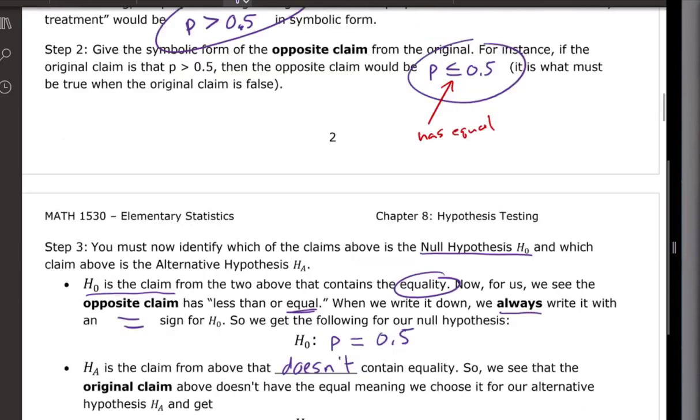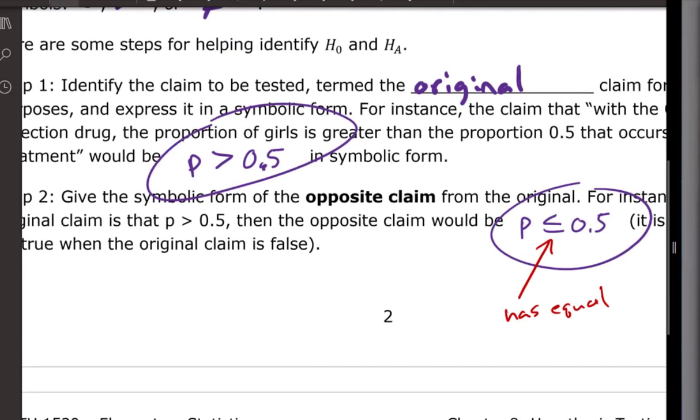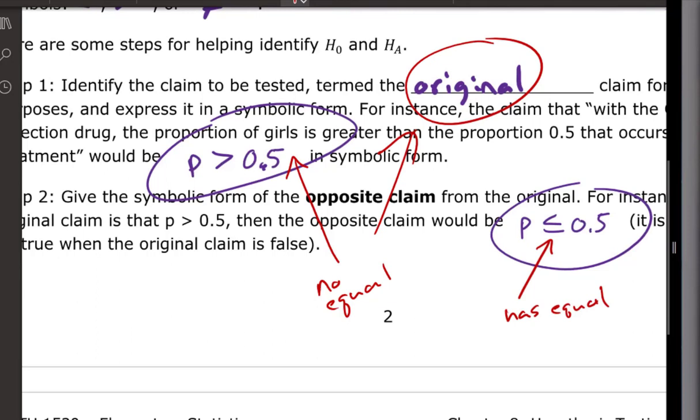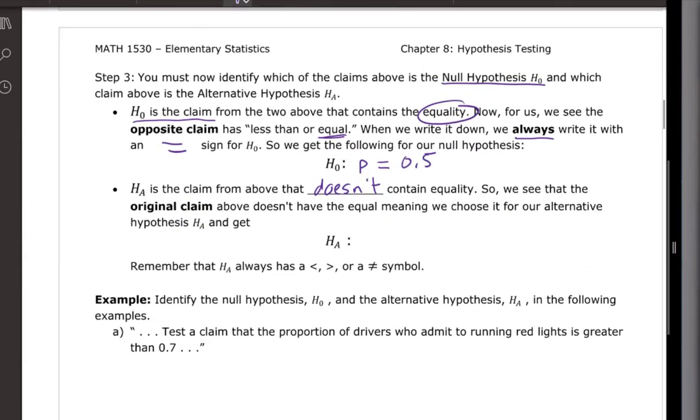If you look back up here, this one right here doesn't have equal, so no equal, and it was our original claim. So our original is actually going to be the alternative hypothesis, and you just write it down like it is. You always write the alternative with a less than, greater than, or not equal symbol. For us, it's going to be greater, so we're going to write P greater than 0.5.